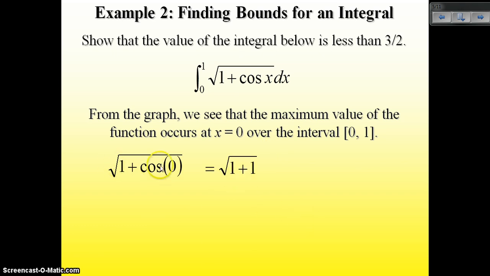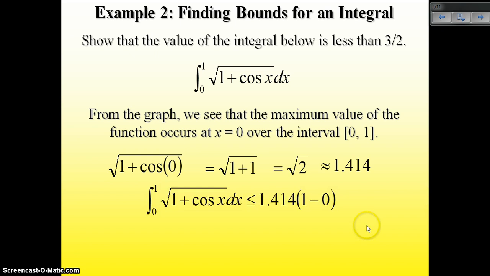Alright, and if we plug in 0, then we see that the maximum value is radical 2, which is about 1.414. Hopefully that's a radical that you remember and recognize. Now, from the maximum rule that we had, we know that if this is the maximum of the function over the interval 0 to 1, then the integral itself must be less than the maximum value times the length of the interval.